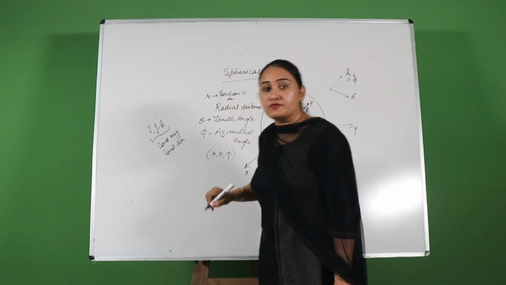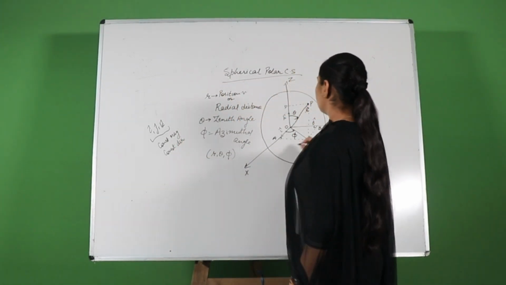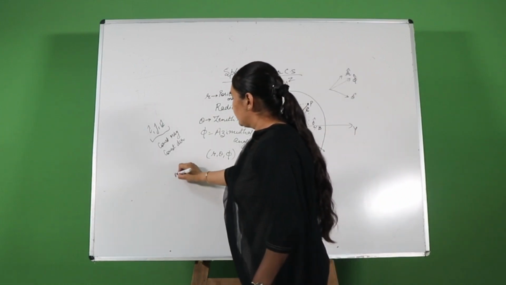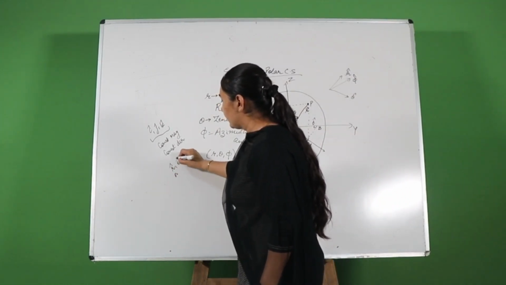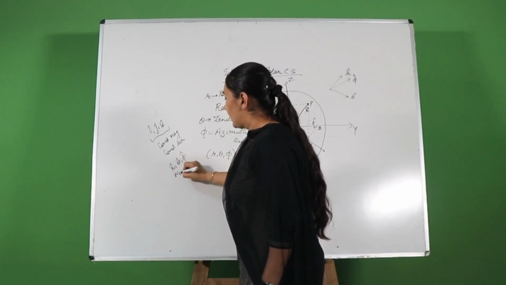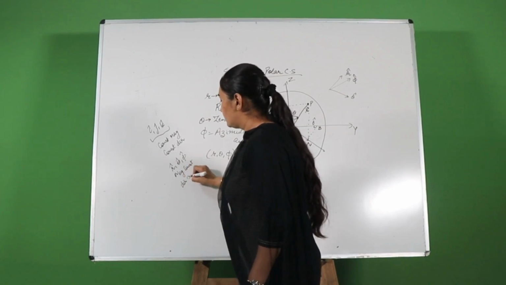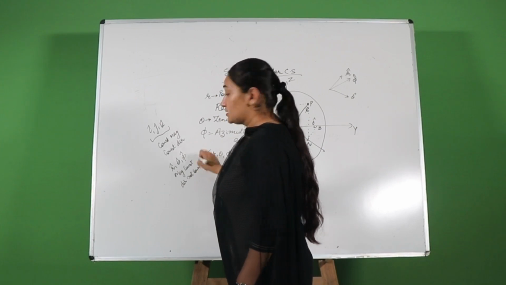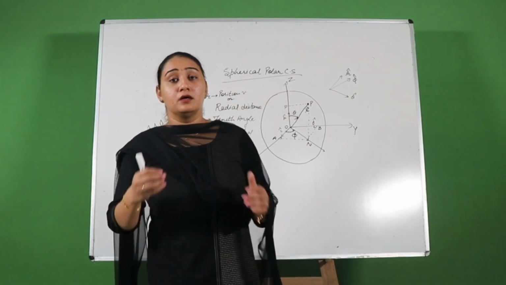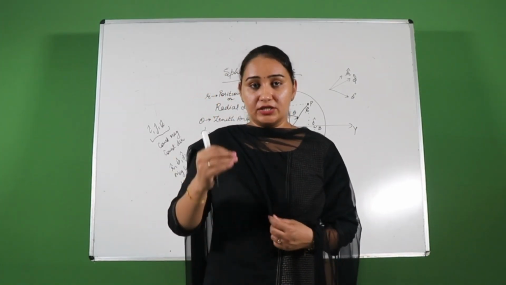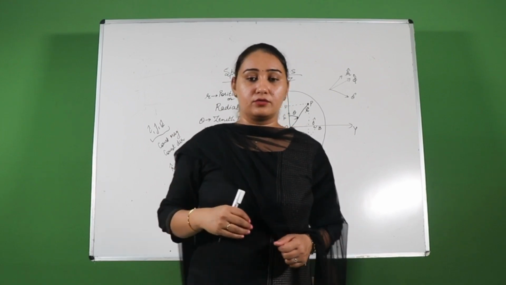But in case of spherical polar coordinates, the magnitude of r cap, theta cap, phi cap may be constant, but direction is not constant. So this is the difference between the unit vectors of Cartesian and spherical polar coordinates.